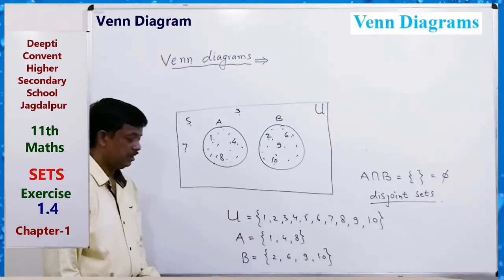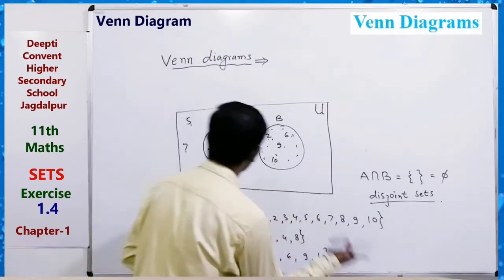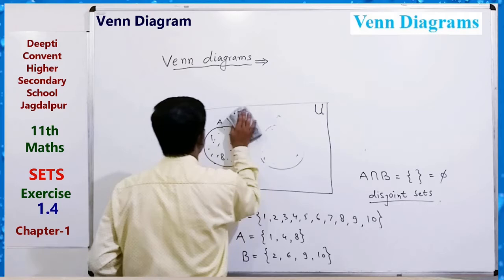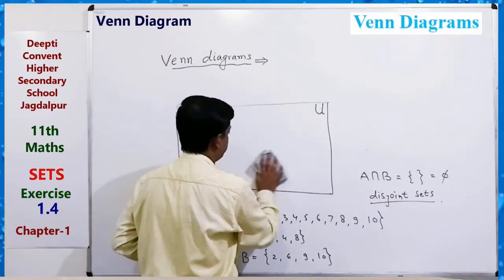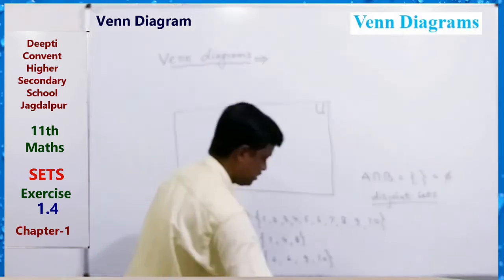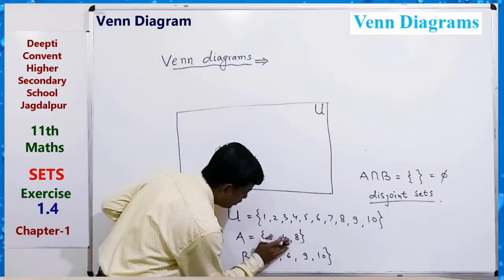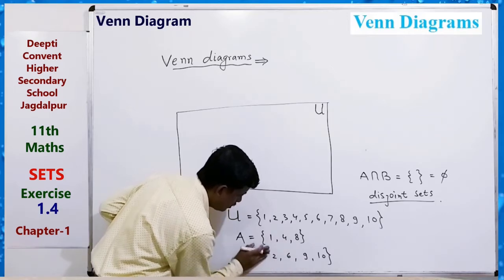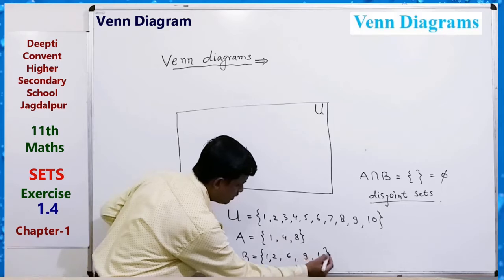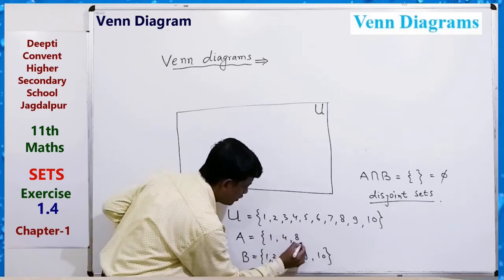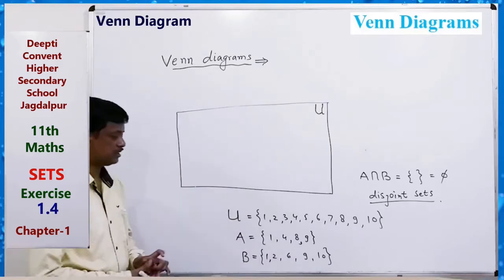Okay. If they are joined, then we can also represent like this. Suppose the sets are like this. We take A as 1, 4, 8, 9 and B as 1, 2, 6, 9, 10. Suppose we are considering this type of sets.